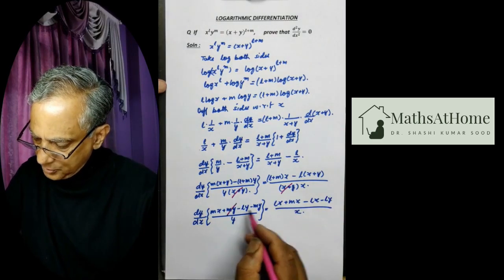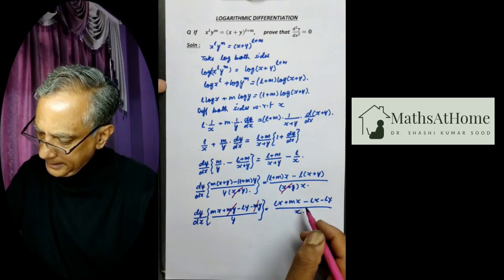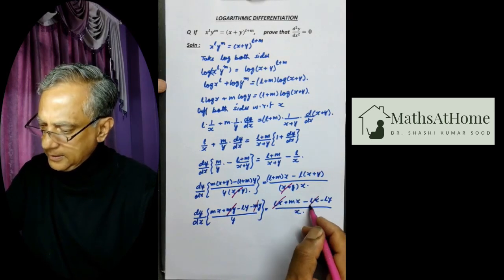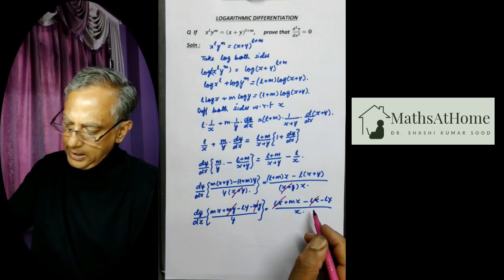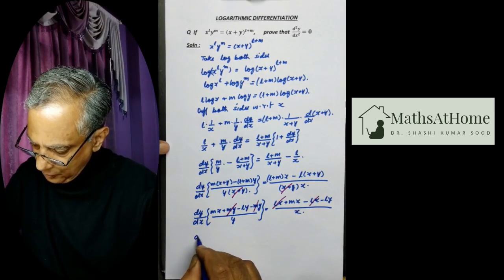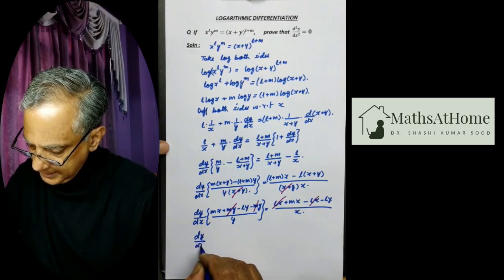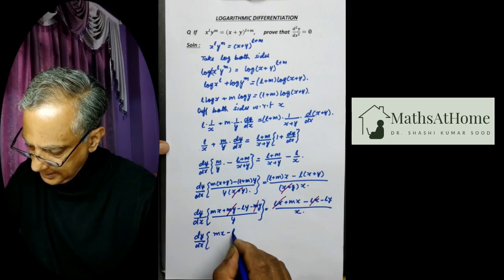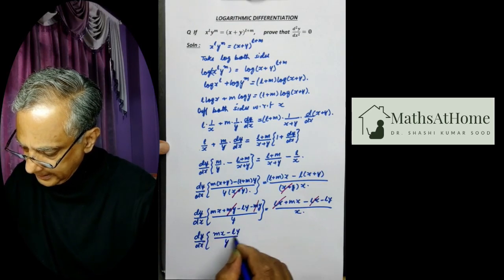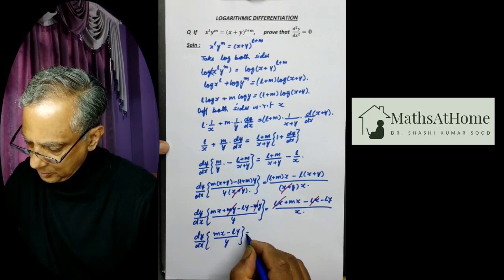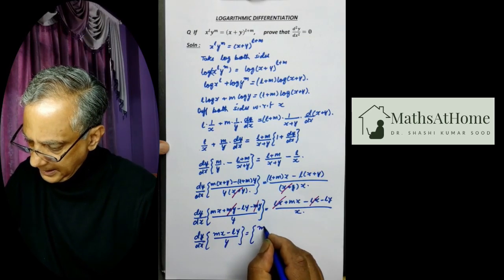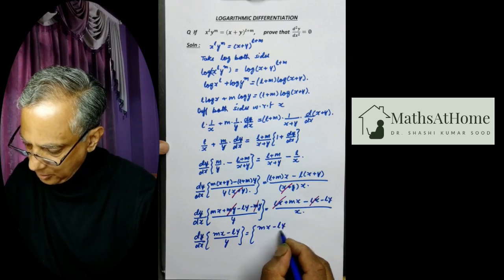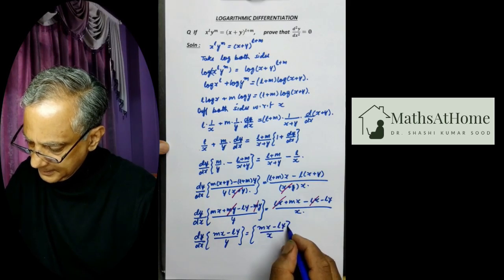Now this cancels with this, and this cancels with this, and we are left with dy by dx into mx minus ly over y is equal to mx minus ly over x.